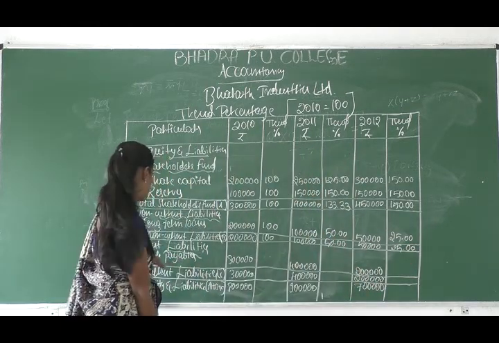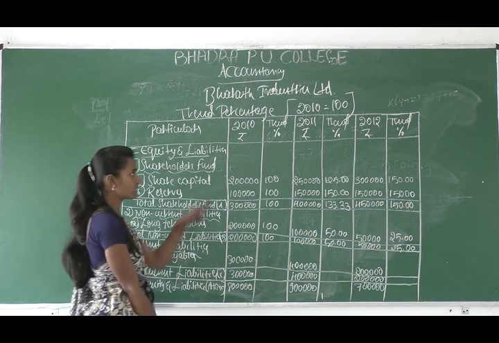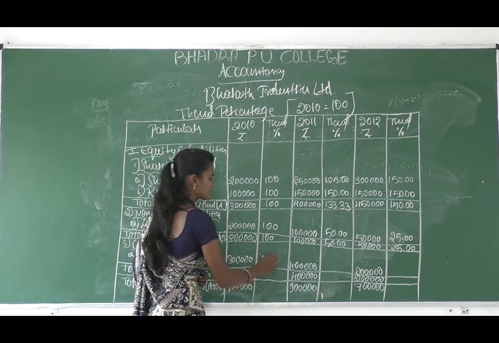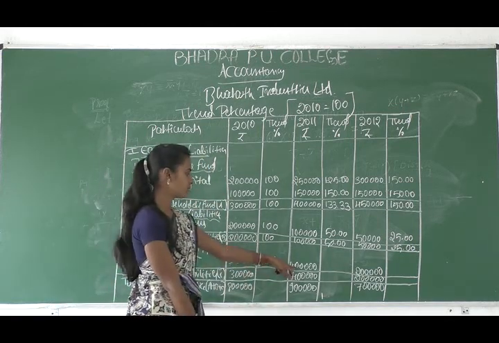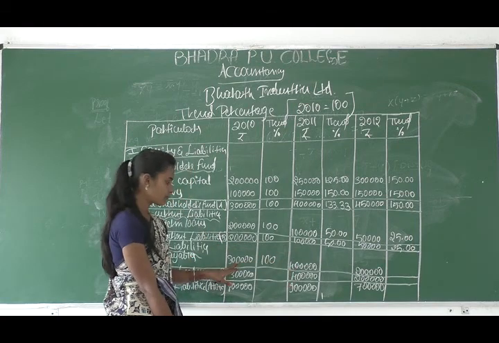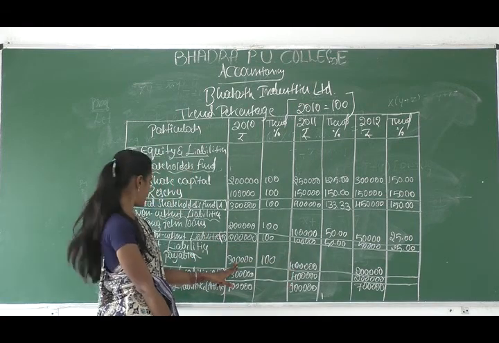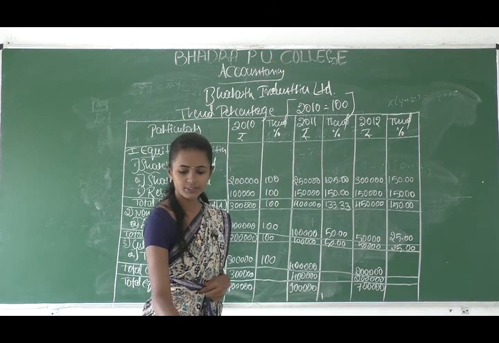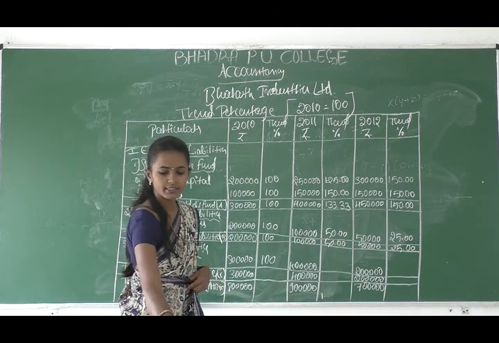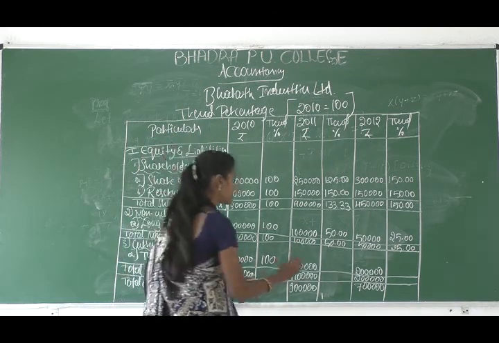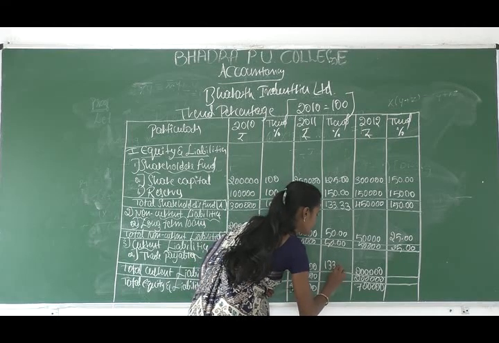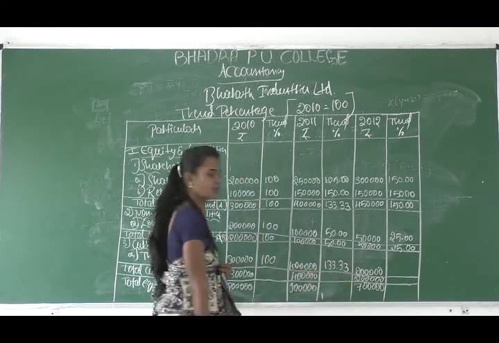Okay, and here we have trade payables. Again in 2010 it's 100%, and here 4 lakh divided by base year value 3 lakh into 100, then you will get 133.33%.